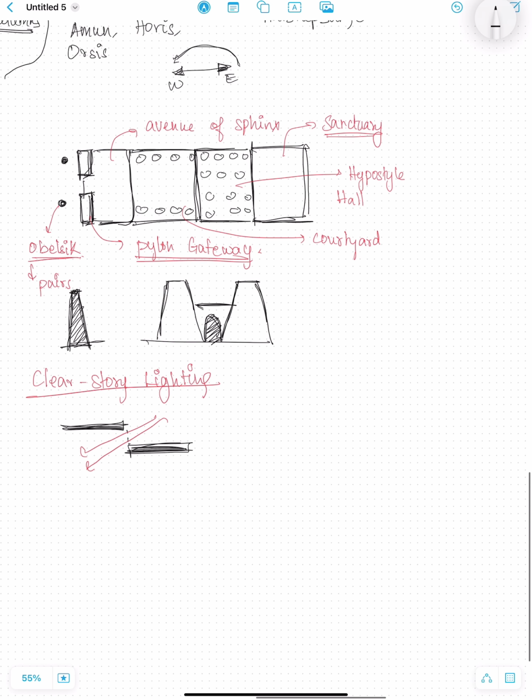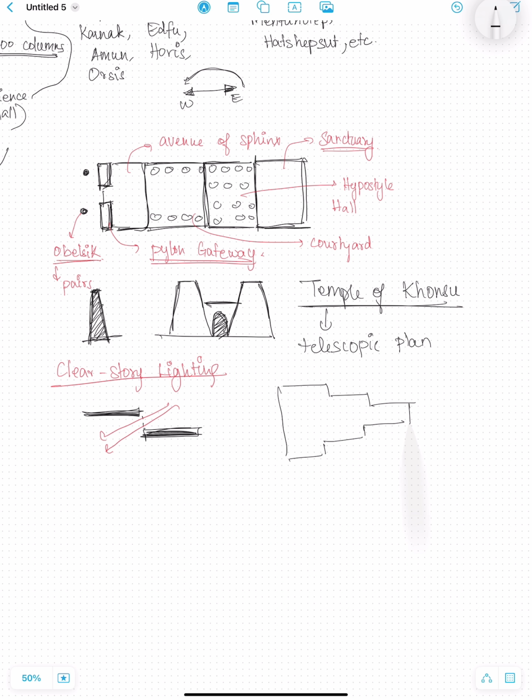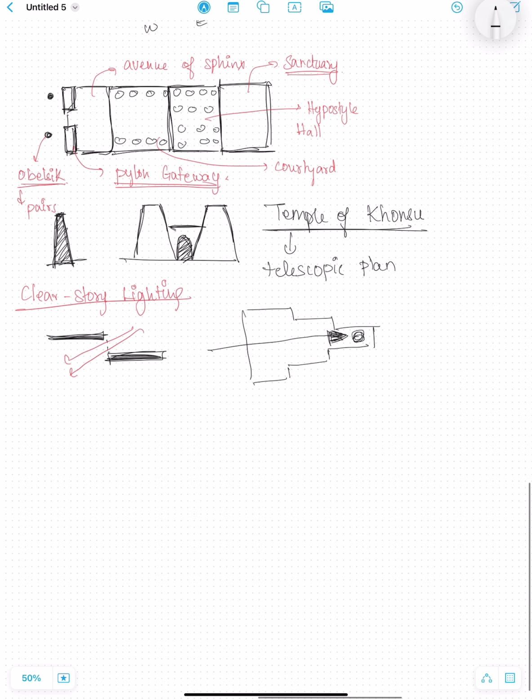One example that I would like to give is the temple of Khonsu. This had a telescopic plan. So this was their sanctuary. As they went in, the structure receded in height as well as in space. So if you look at the plan also, it looked something like this. This being your sanctuary.